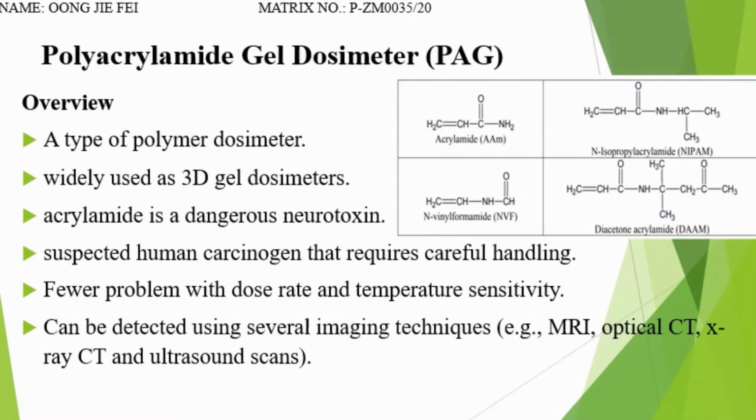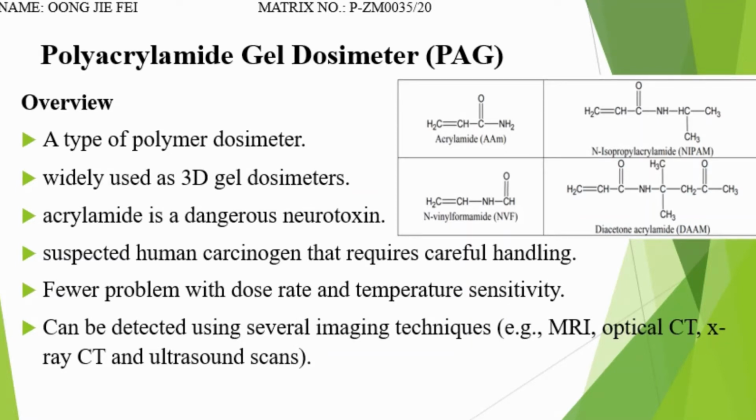Next one is the PAG, polyacrylamide gel dosimeter. It's a type of polymer dosimeter which is widely used as a 3D gel dosimeter. Acrylamide is a dangerous neurotoxin. It is a suspected human carcinogen that requires careful handling.